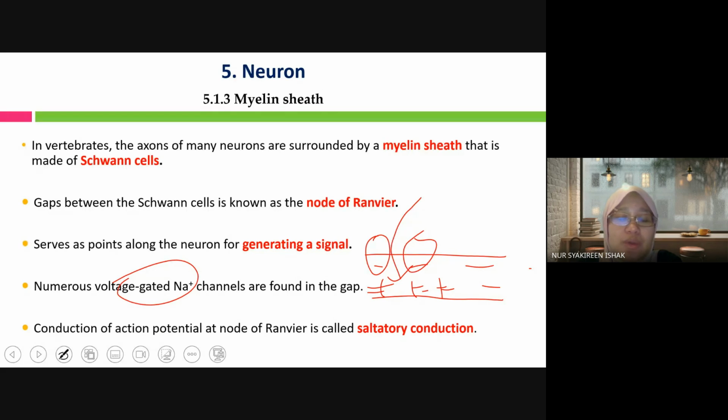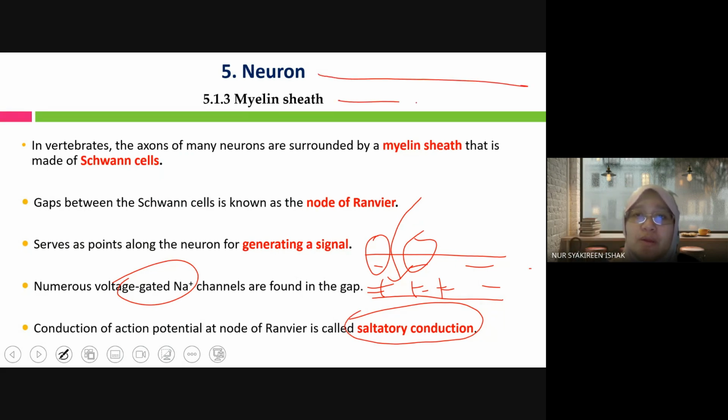Conduction of action potential at the nodes of Ranvier is called saltatory conduction. For example, here we have a neuron, and we have the axon covered by the myelin sheath. Here we have the voltage gated channels.